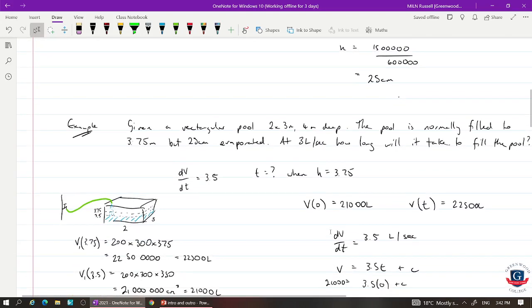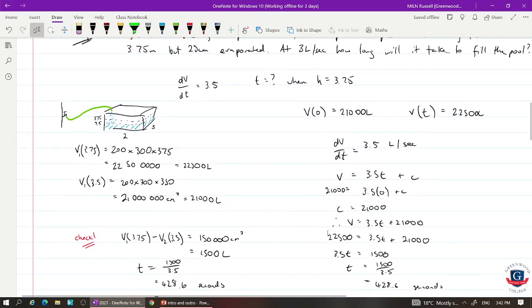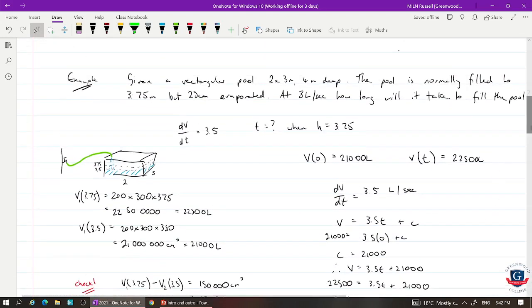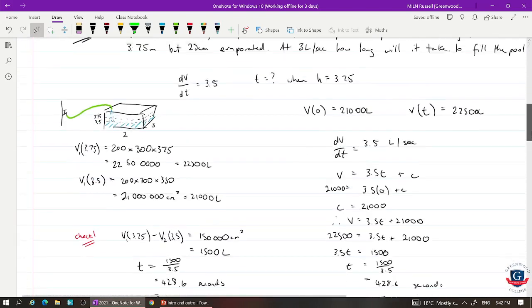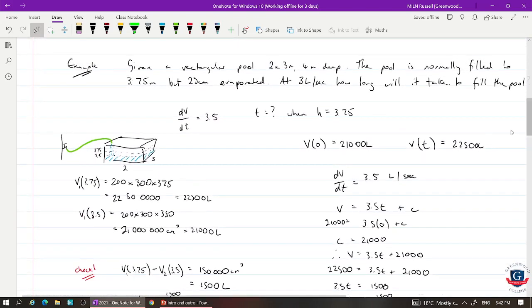Let's have a look at a different problem. This time we have a rectangular pool again, the same size, and it's normally filled to 3.75 meters, but 25 centimeters evaporated. So at 3 liters per second, how long will it take to fill the pool?